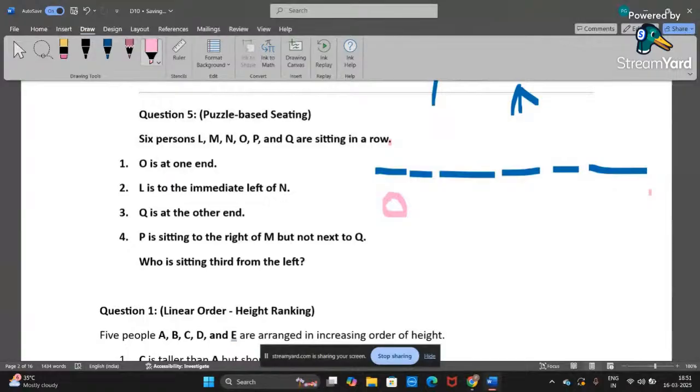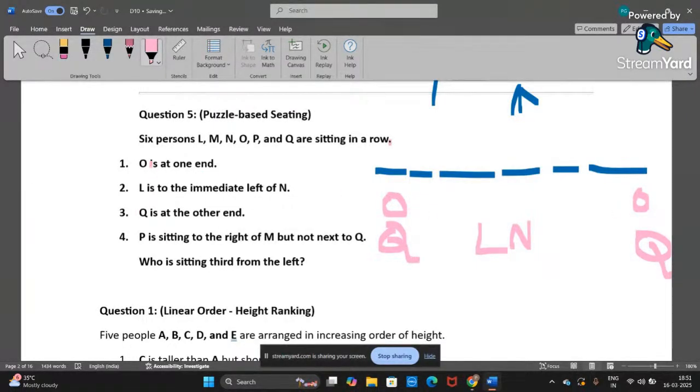O can be here as well as here, right? L is to the immediate left of N. If N is here, L will be here. Q is at the other end. If O is here, Q should be here. If O is this side, then Q will be here.